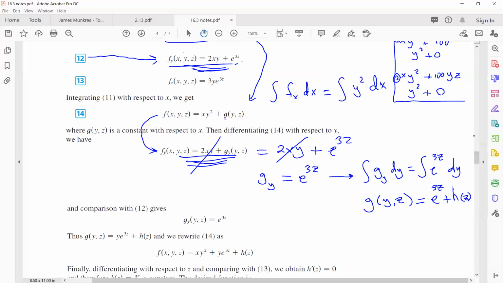That's where you used the partial derivative of f with respect to z to find your hz.